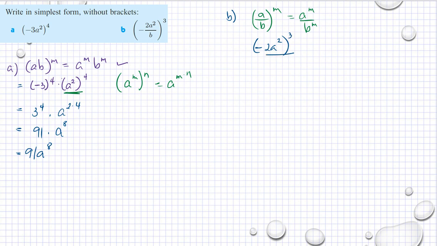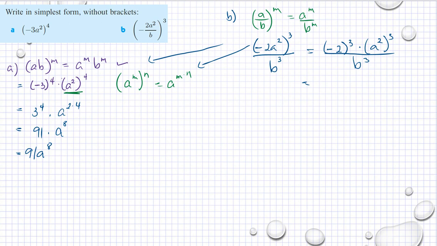Raised to 3 divided by b raised to 3. And then that law, the same there. So we have negative 2, that law also you can use there. Negative 2 raised to 3 multiplied by a squared raised to 3 divided by b raised to 3.